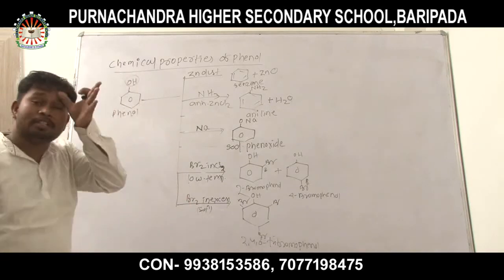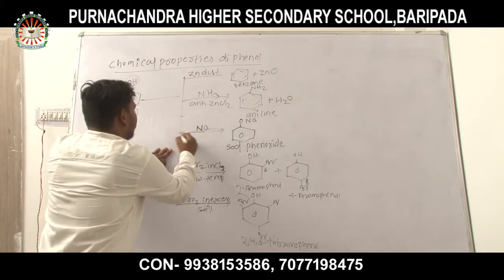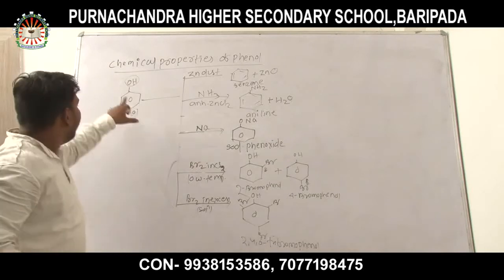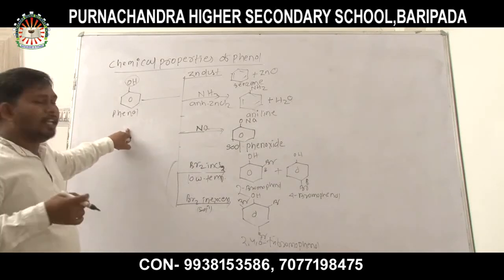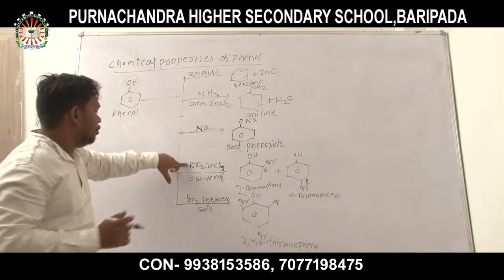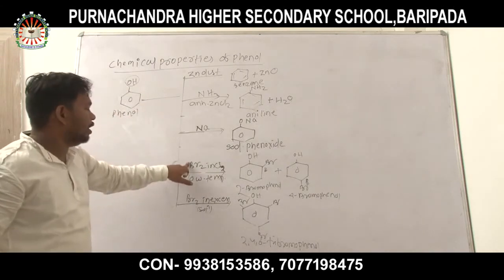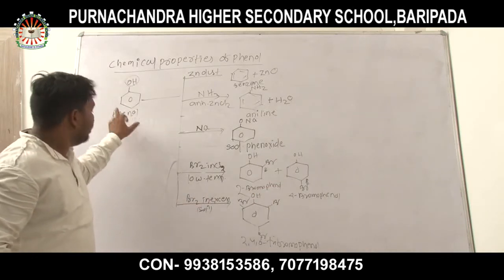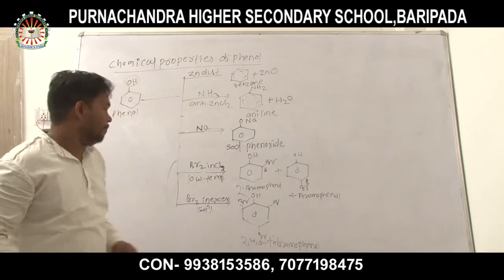From the examination point of view, two questions arise: either a conversion, a chemical property, or identify A, B, C, D. When phenol is treated with Br2, these are the two most important reactions. When phenol is treated with Br2, two isomeric products are formed. But when phenol is treated with excess bromine, then 2,4,6-tribromophenol is formed.